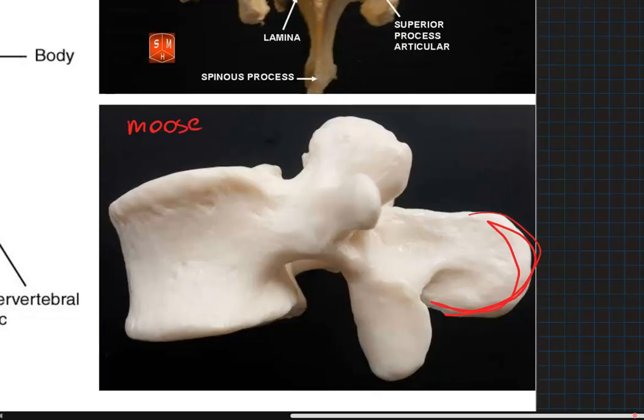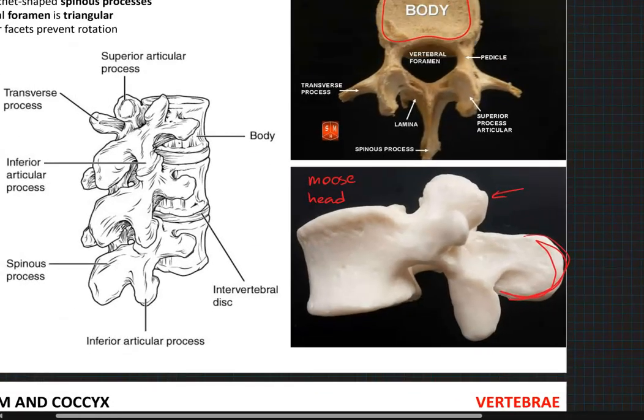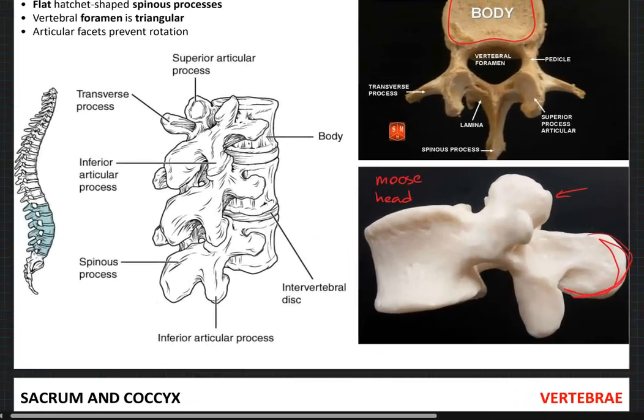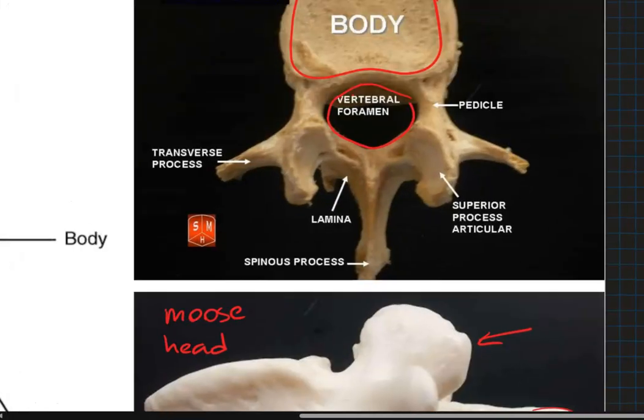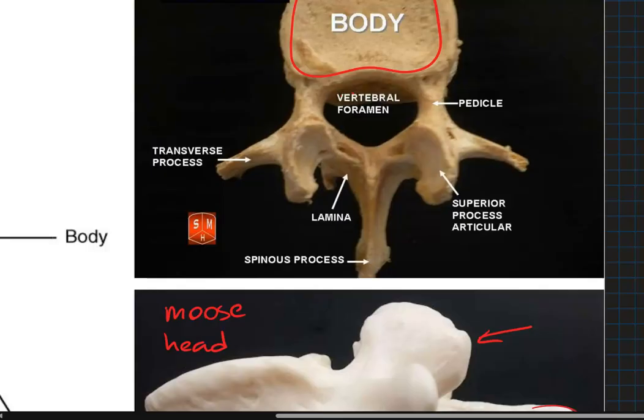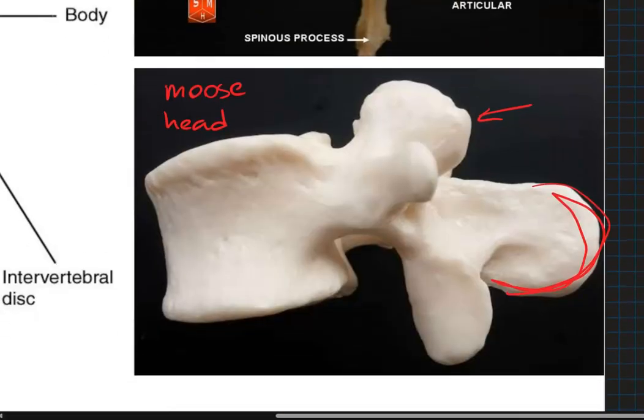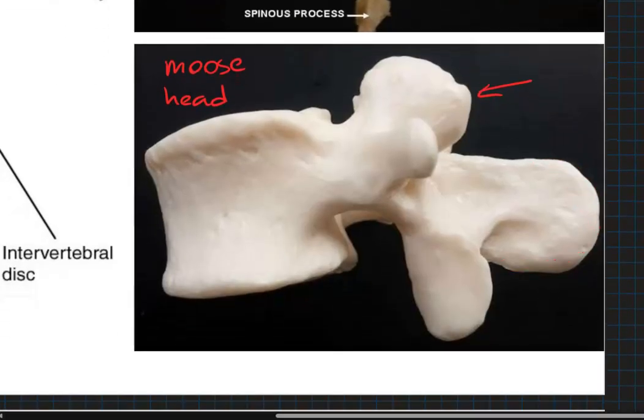I call it a moose head. I mean, it does. Like antlers. You see? It's a moose head. So, big body. Vertebral foramen, again not circular, but more of a triangle. Hatchet-shaped.